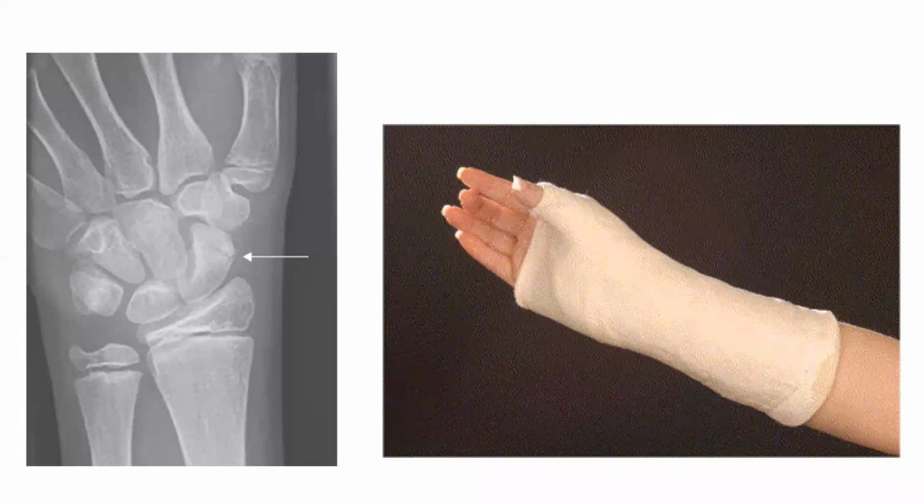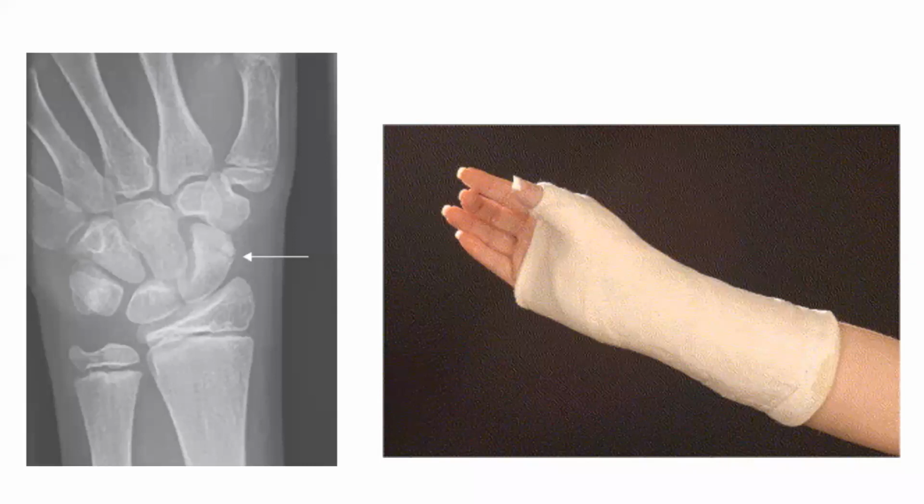Now, what is the particular concern about this fracture? It's a scaphoid fracture. Okay, so what is the concern here? This is a distal end fracture of the scaphoid bone.